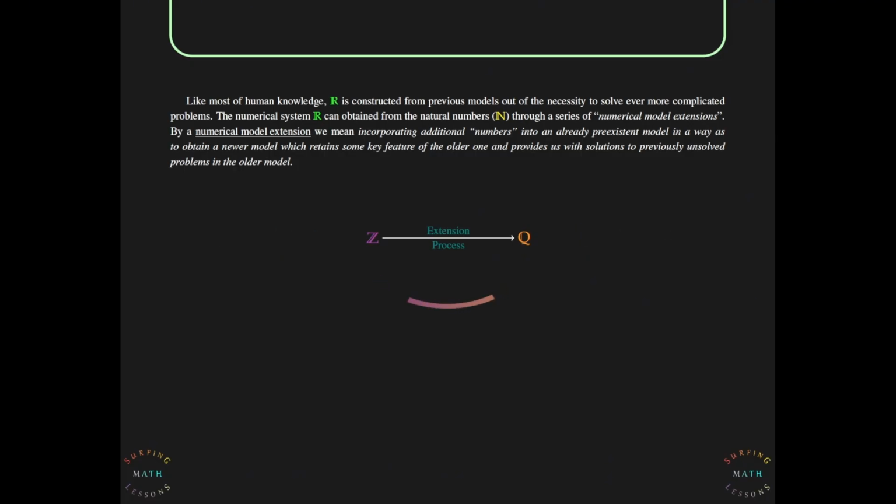Likewise, the equation 2x + 1 = 0 is an equation involving only integers, but the solution is not an integer. One has to extend the numerical model of the integers into the fractions in order to find a solution, namely x = -1/2.